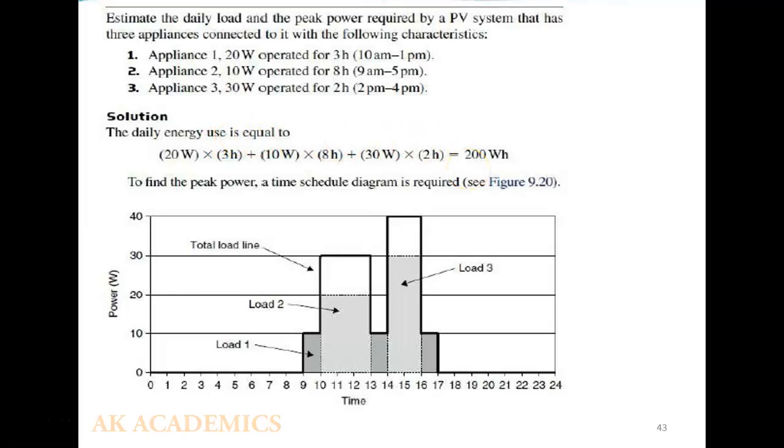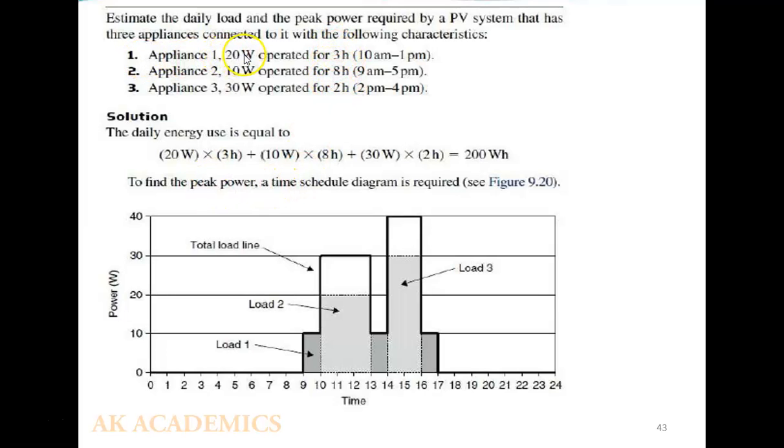We know that energy is equal to power times time, because energy is measured in kilowatt hours. Power is kilowatt, time is hours. So energy is equal to power times time. And in the scenario given to us to analyze, you will find out that we have a power for each appliance, and then we have the time of use, the duration of use of each appliance.